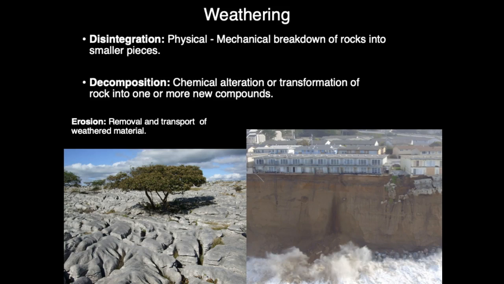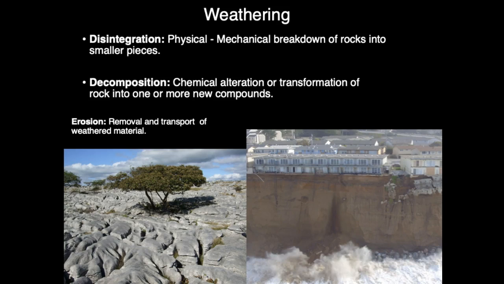As an example, the rock that makes up the cliffs in the picture on the right is getting broken down by the wind and the water that are hitting it. Afterwards, the sediment is being removed from the rest of the cliff by the waves. Later on, the sediment gets carried away to a different location.